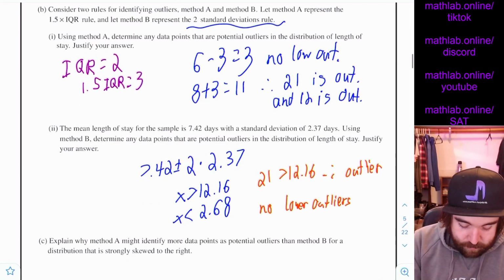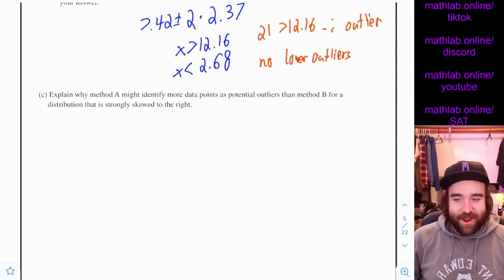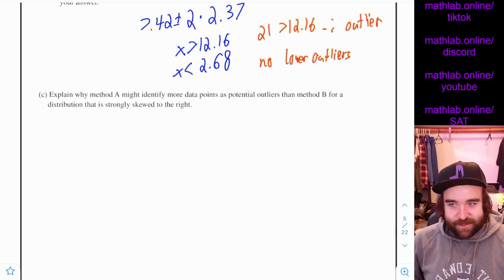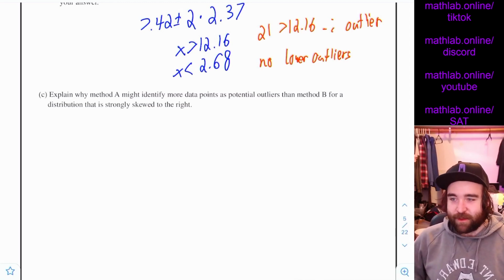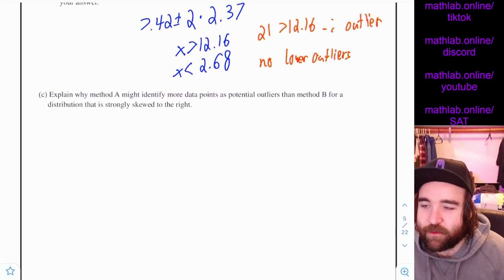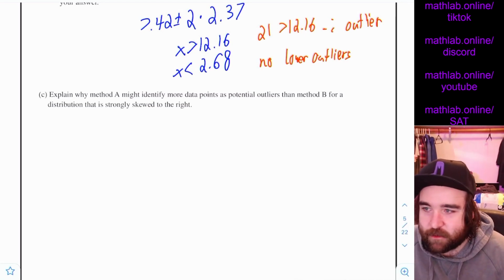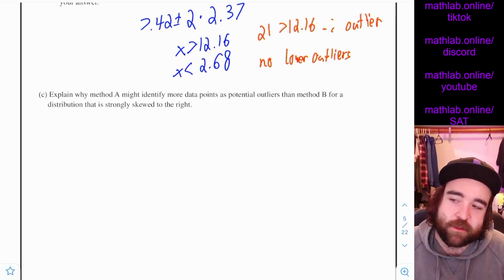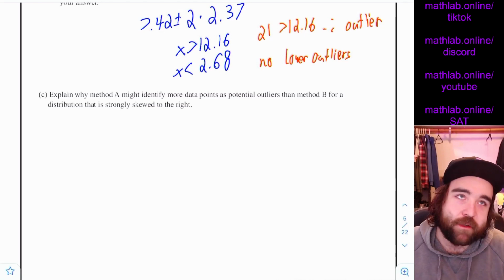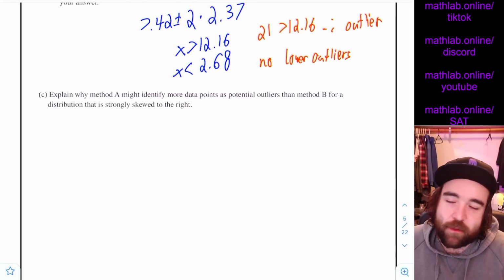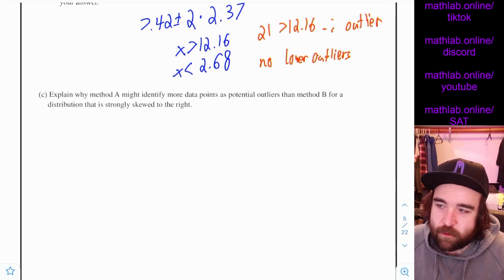Almost missed that. Explain why method A might identify more data points as outliers than method B for a distribution that is strongly skewed to the right. That's a good question. If it's skewed to the right, the mean is going to be further to the right.